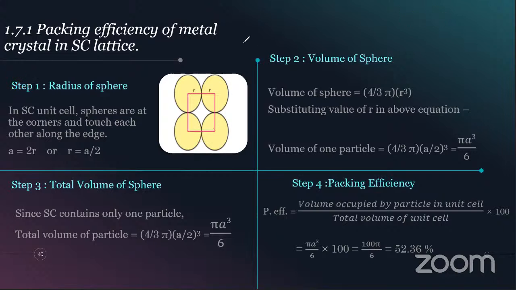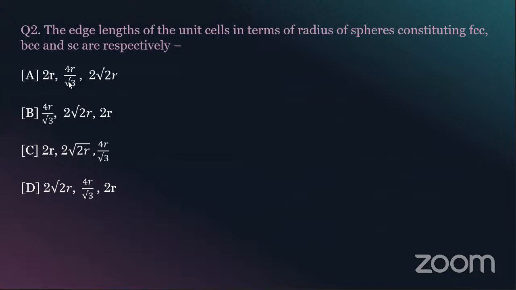Okay. Next. The edge lengths of the unit cells in terms of radii of spheres constituting FCC, BCC, and SC are respectively dash. You have to tell the values of A. And to know the values of A, you should know the formulas of the ones that we were just talking about, for FCC, for BCC, and for all of them.